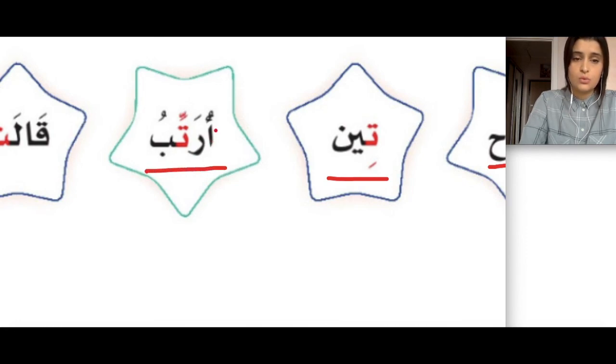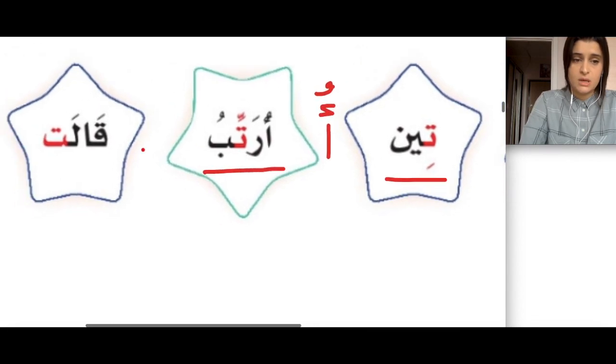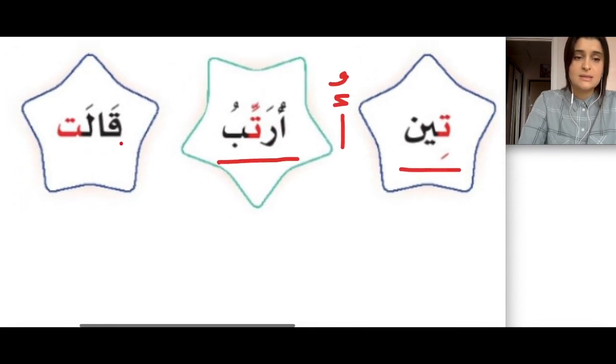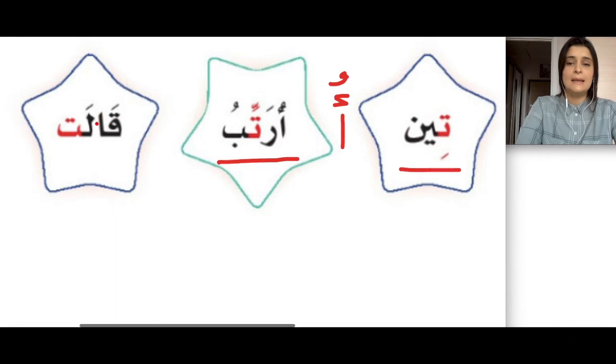Uratibu. This is letter alif, like this, and above it we have dhamma. Uratibu. And the last word is qalat.